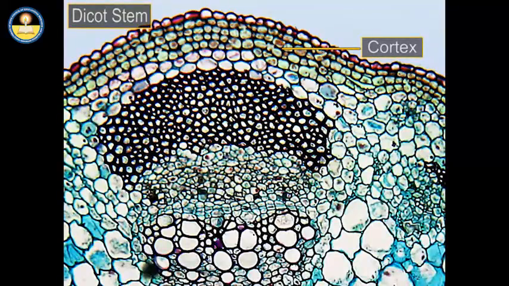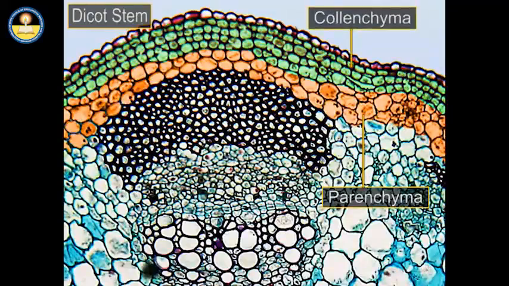It is made up of 3 to 4 layers of collenchymatous cells. Beneath the collenchyma cells, there are a few layers of thin-walled cells, parenchyma. The parenchyma cells make up the bulk of the cortex. Collenchyma serves to strengthen the young stem, whereas parenchyma cells store the synthesized food.